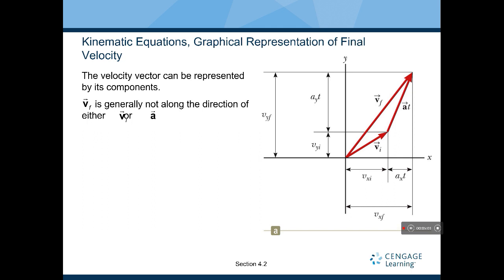The velocity vector can be represented by its components. According to this right here, what was the initial velocity? It was up and to the right. You can imagine overlaying this on a position. This is me throwing a ball upwards right here. According to this particular planet, the direction of acceleration is up and to the right.